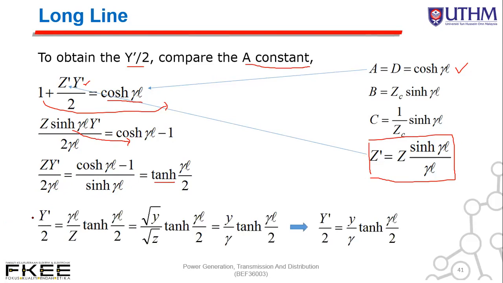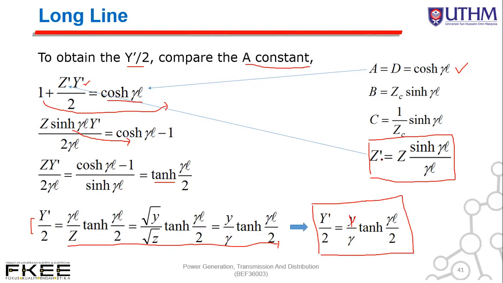Then we simplify Y prime over 2 through this formula. So we get Y prime over 2 equal to Y over gamma, tanh gamma L over 2.